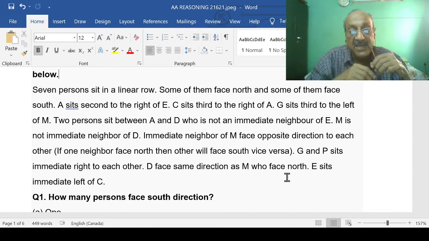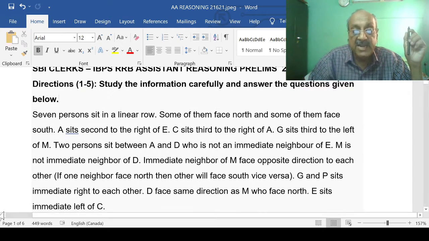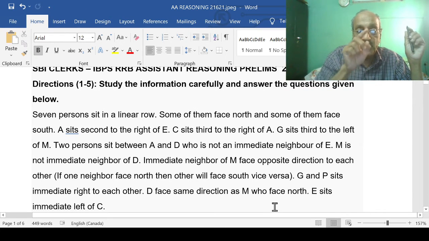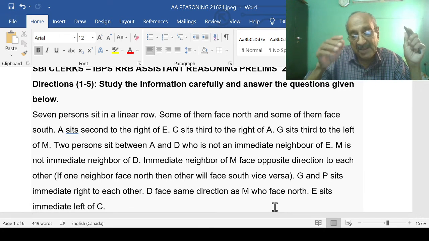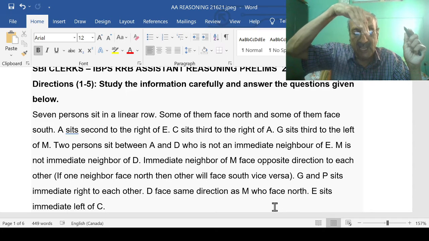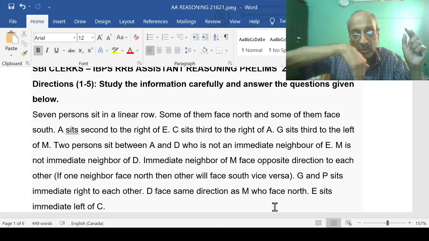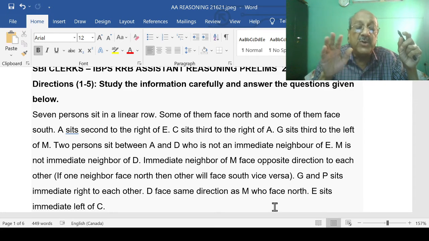So please try to draw the picture. You have to put 7 persons, 1, 2, 3, 4, 5, 6, 7. Some of them will face north, that means upside. Some of them will face south, that means downside. And you have to put the diagram.